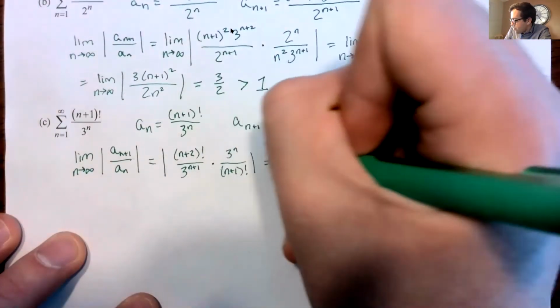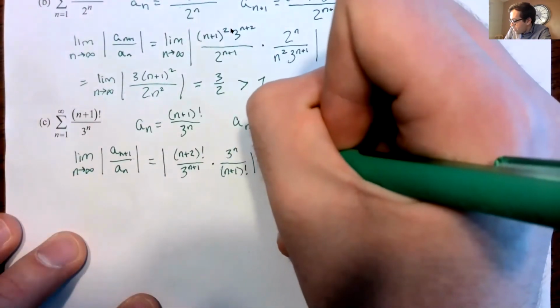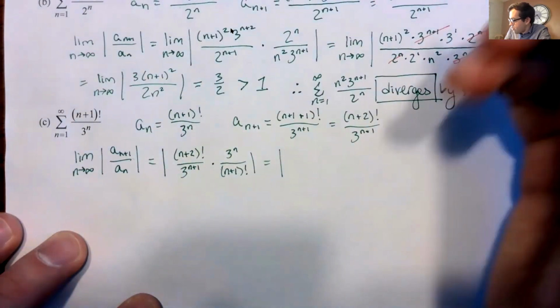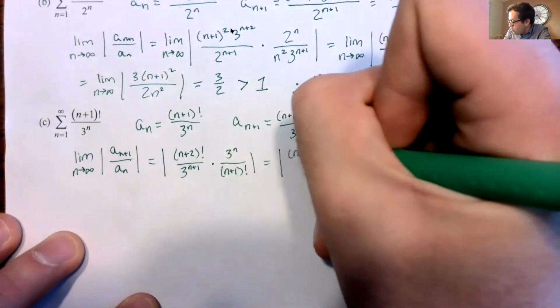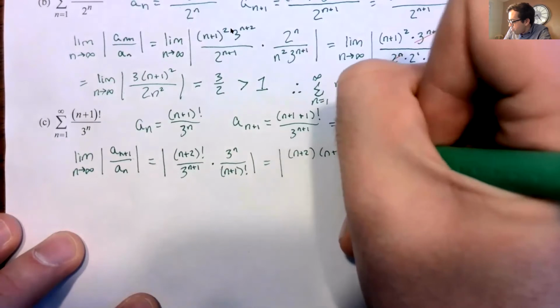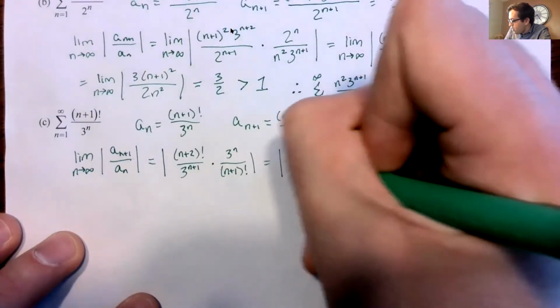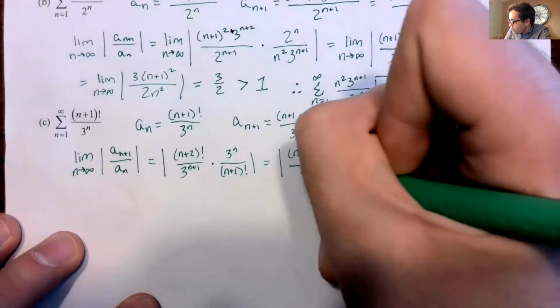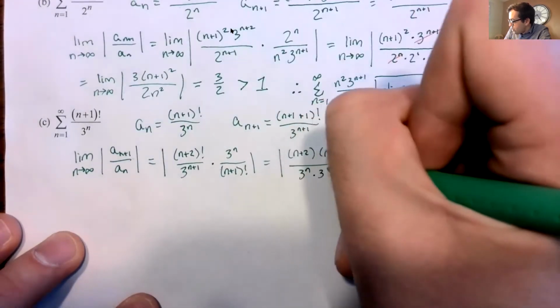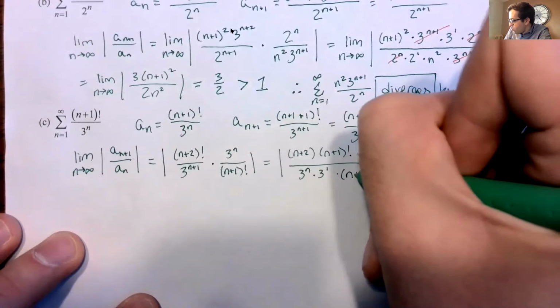I am going to combine the fractions and look for nice ways that things will be able to cancel. So I'm going to end up with n plus 2 times n plus 1 factorial times 3 to the n over 3 to the n times 3 to the 1 times n plus 1 factorial.